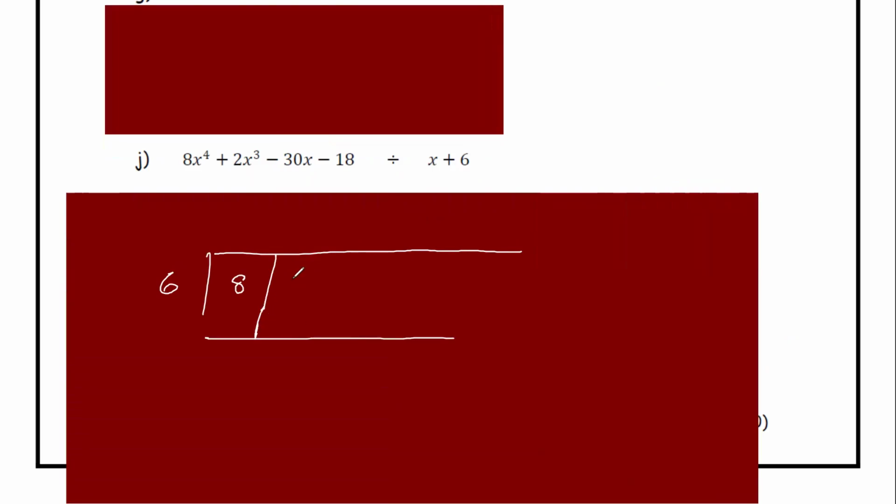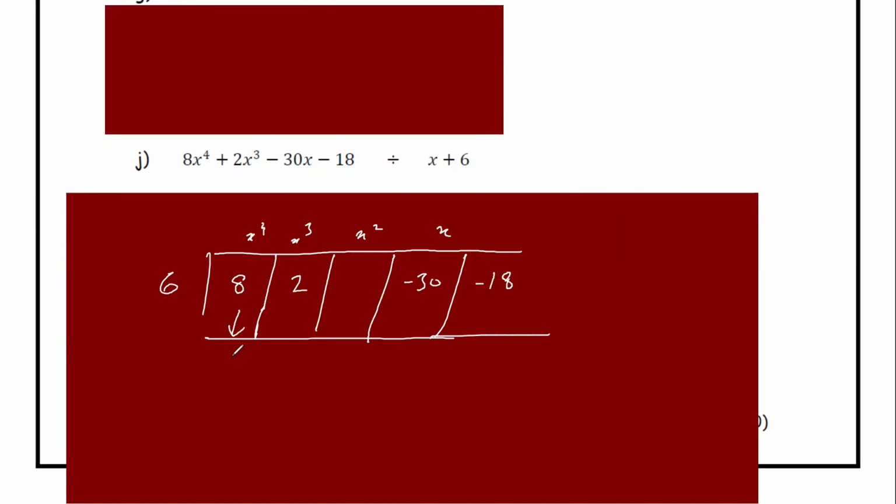And out here no need of gap because it's x cubed, x to the power 4, x cubed. x square is missing, so leave a gap now. And then you got negative 30 for the x, and then you got negative 18.